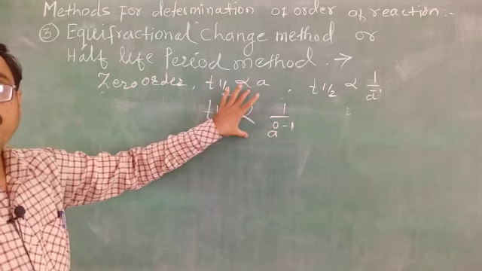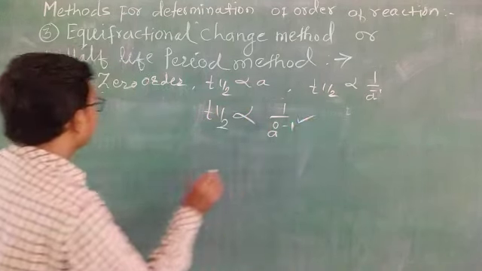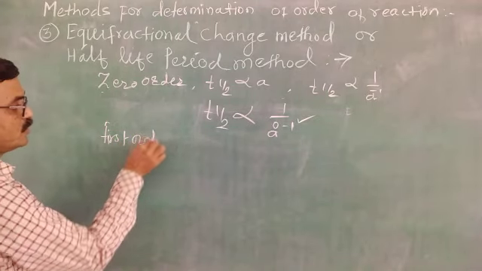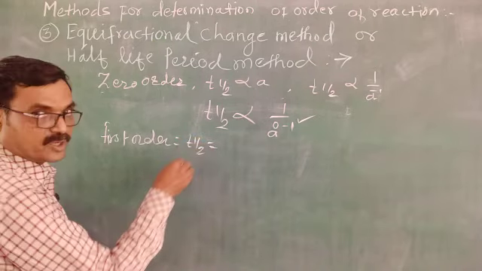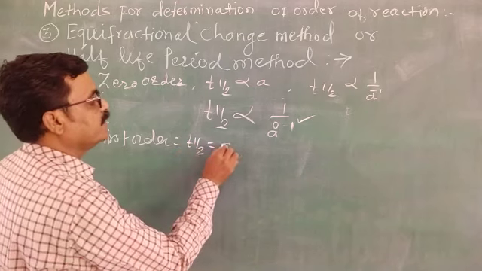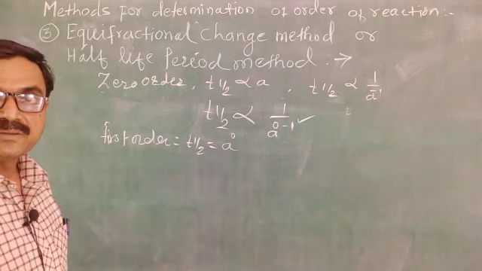Now, for a first order reaction, T half is constant because it is 0.693 upon K1. That's why it may be A raised to power 0, and A raised to power 0 means constant.